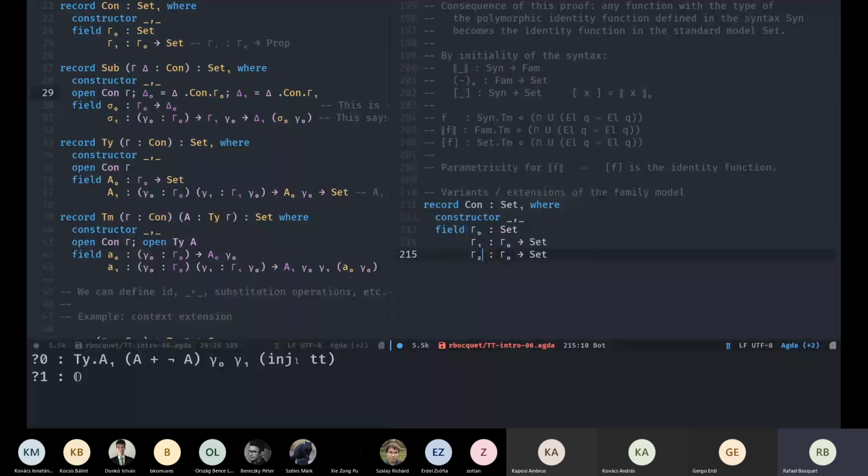For instance, we have gamma 0 and gamma 1, but we can also add some gamma 2. And if we do this uniformly for everything in the type theory, we'll still get a model of type theory.